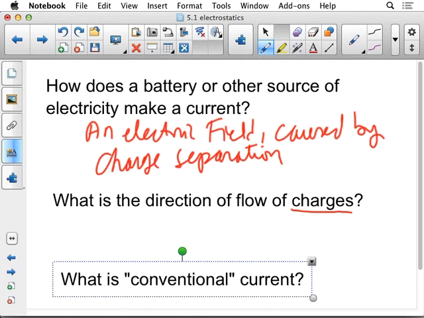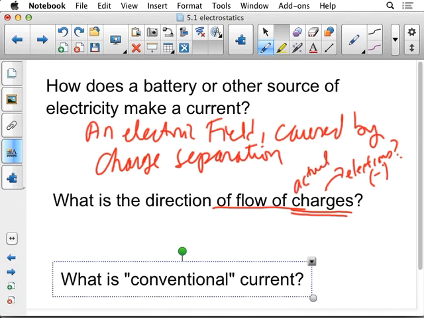Okay, so if the charges are electrons, they have a negative charge, okay? And so therefore, the direction of the actual flow of actual charges depends on if they're positive or negative.